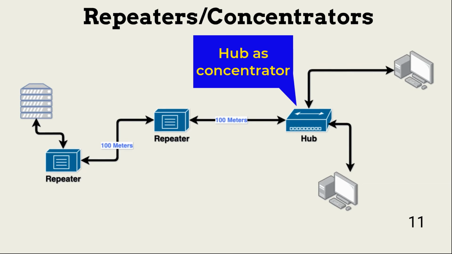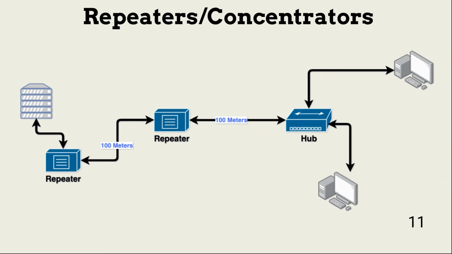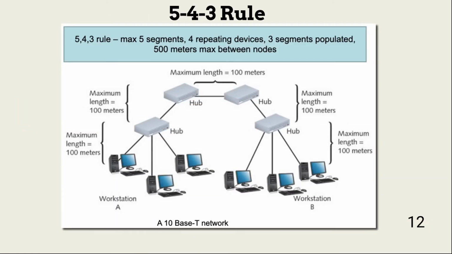If a set of network segments is created only with repeaters and concentrators, or if multiple repeaters or concentrators are needed for reaching devices that are far from the main network, there are restrictions that should be considered. The 5-4-3 rule helps implement effective use of repeaters and concentrators by specifying 3 guidelines.